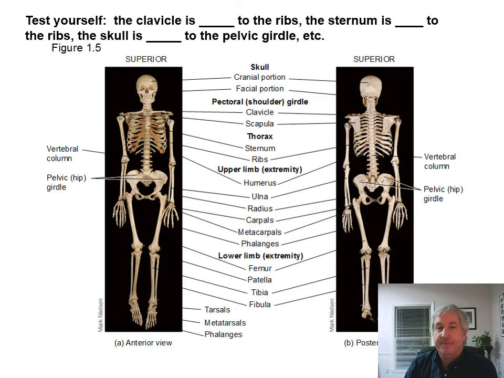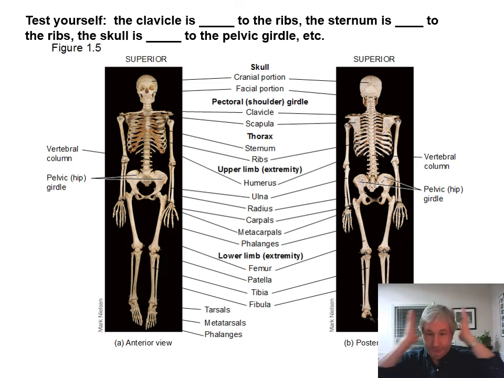All right, next slide. Here are some things you can use to test yourself. The clavicle is blank to the ribs. Well, the clavicle is superior to the ribs. The sternum is blank to the ribs. The sternum is medial to the ribs. The skull is blank to the pelvic girdle. The pectoral girdle is the clavicle, the collarbone, as well as the scapula.